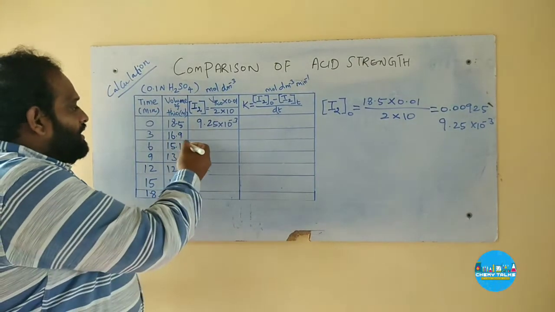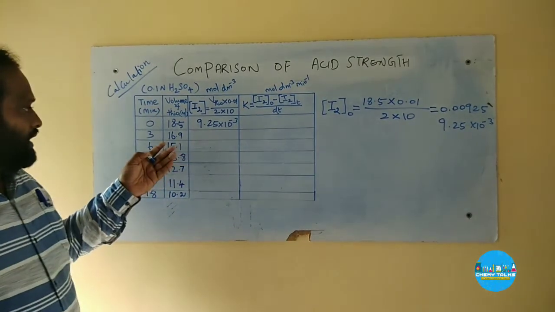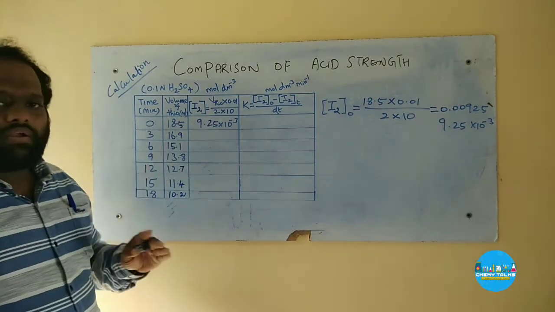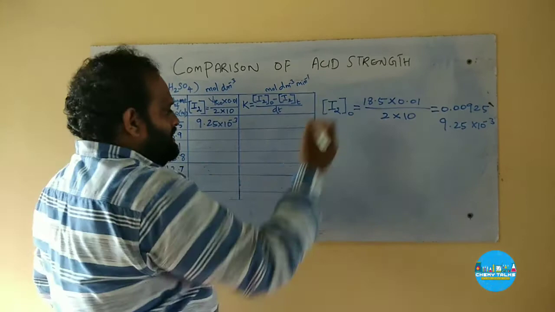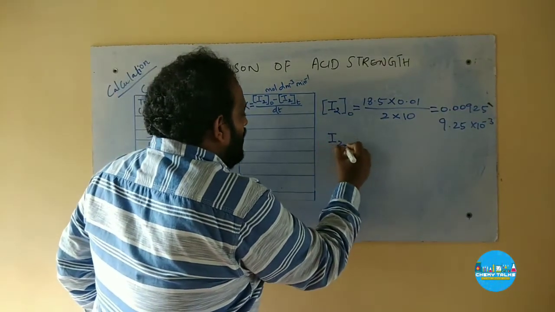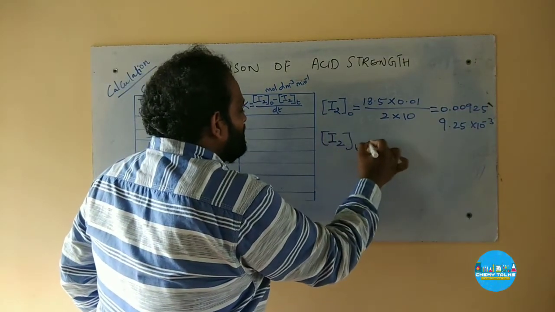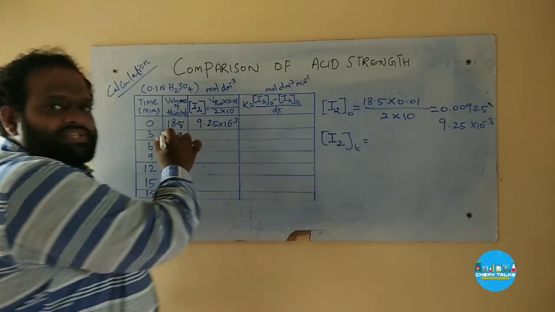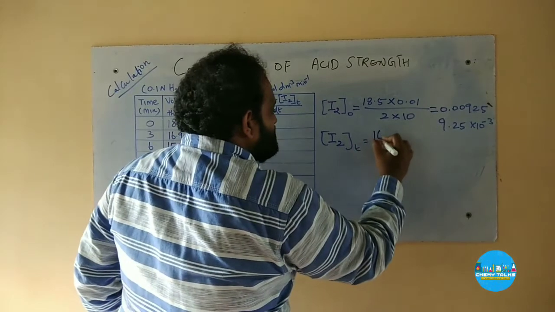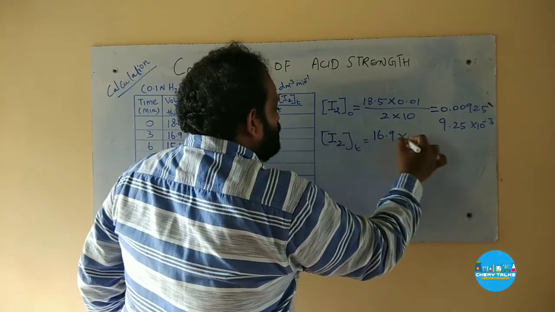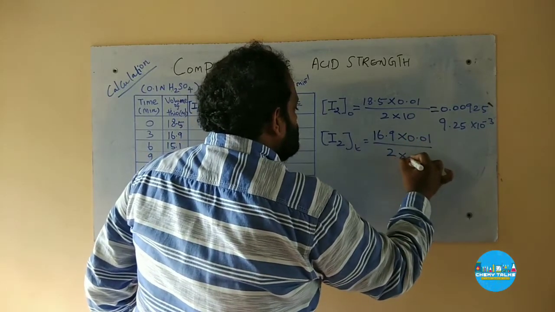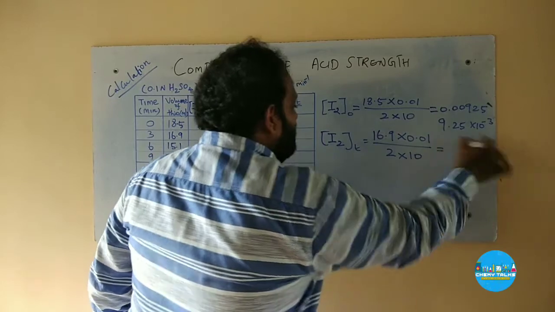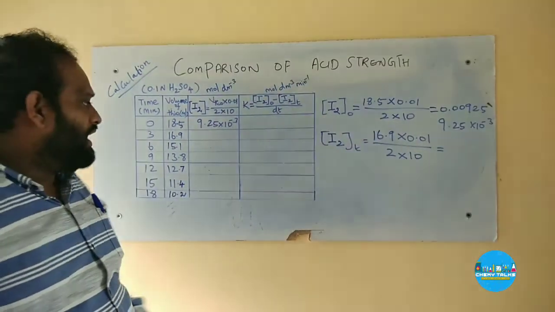So we can calculate the concentration of iodine at various time intervals using the same formula. I2 at various time intervals: 16.9 into 0.01 divided by 2 into 10. So we get the value, and we simplify it.